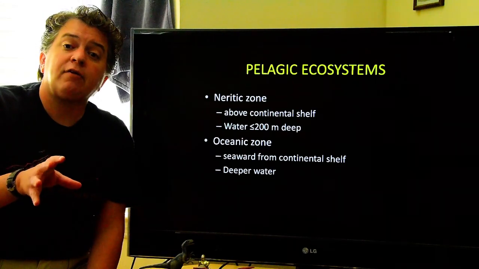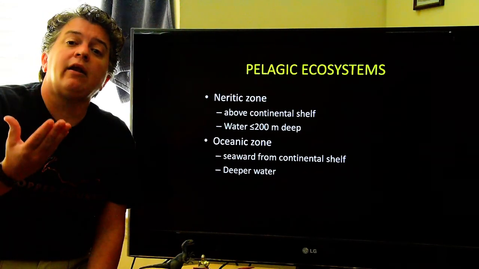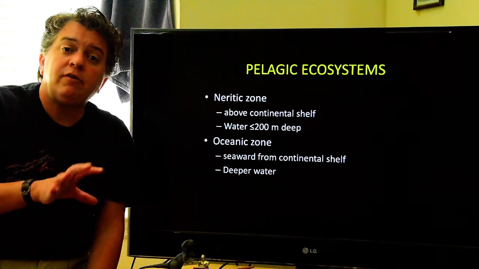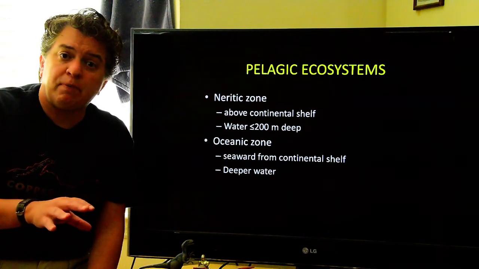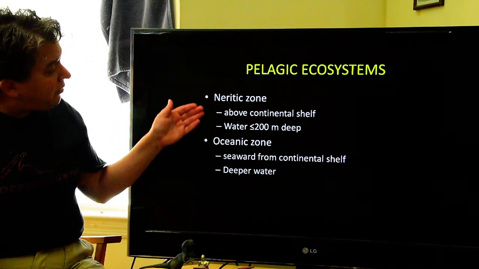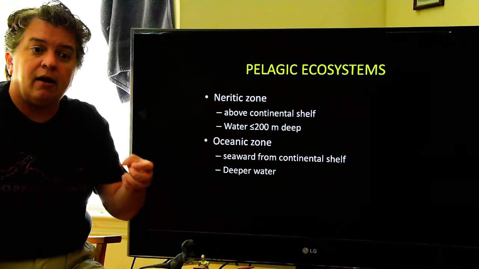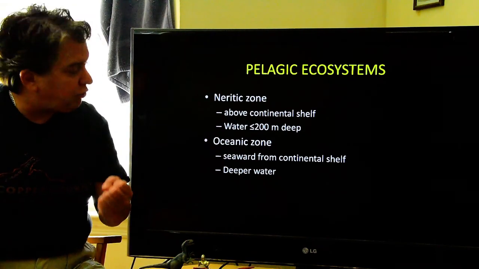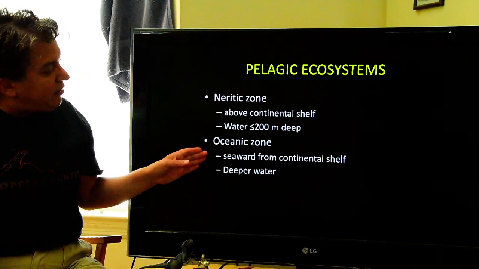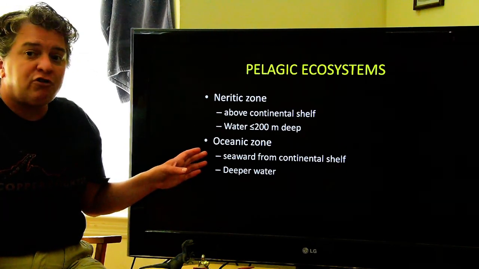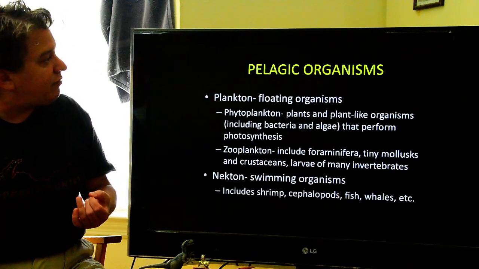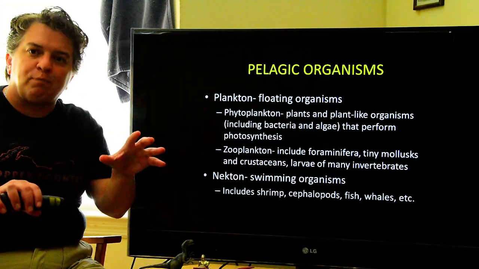And the photic zone is where light can penetrate water. If you go into the deepest parts of the ocean, light doesn't penetrate there. It is pitch black. But here in this neritic zone, you're going to have light penetrating that water. The oceanic zone, well, that is seaward from the continental shelf, and that's the deeper water where it's going to be pitch black out there.